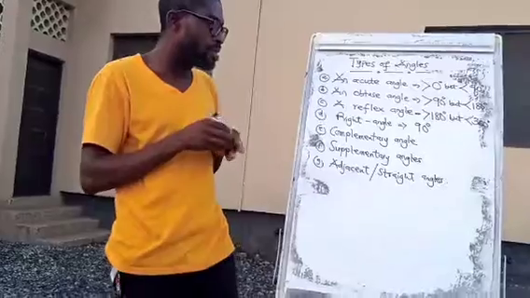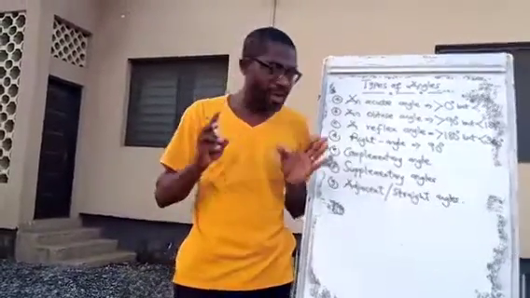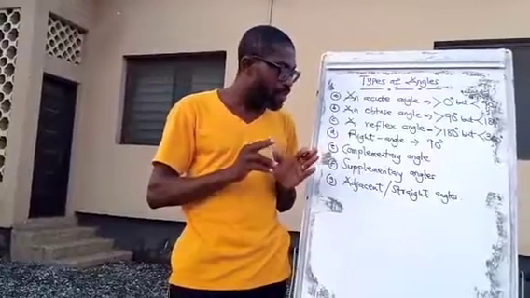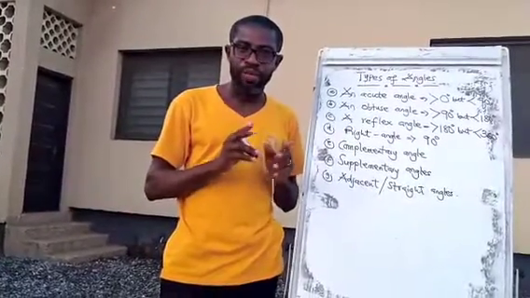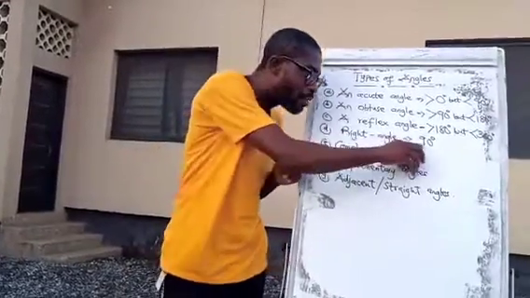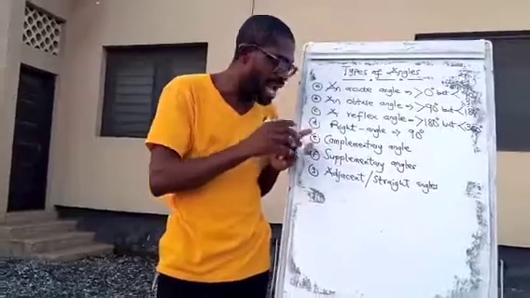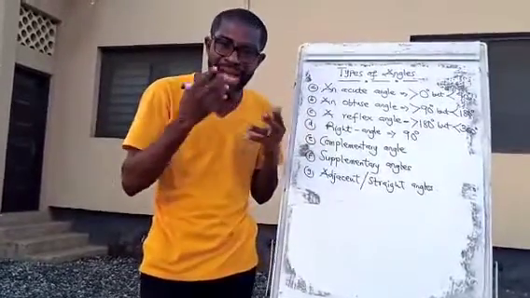Complementary angles. Complementary angles are quite different from right angles. With a right angle, it is only a single angle that adds up to 90 degrees. But complementary angles are several angles.